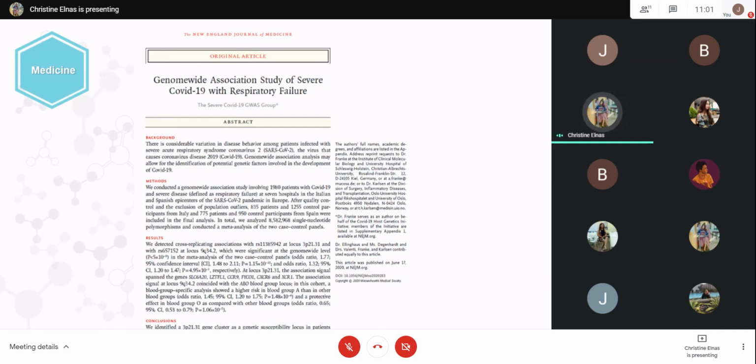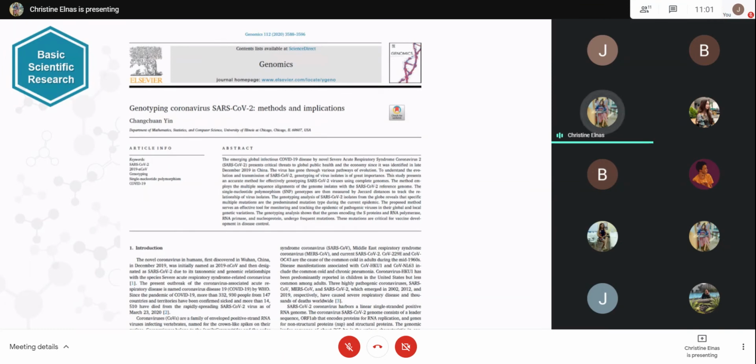So next study, basic scientific research by Chang Huan Yin entitled Genotyping Coronavirus SARS-CoV-2: Methods and Implications.